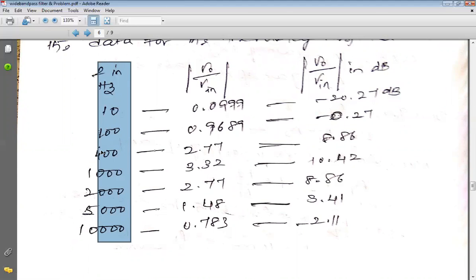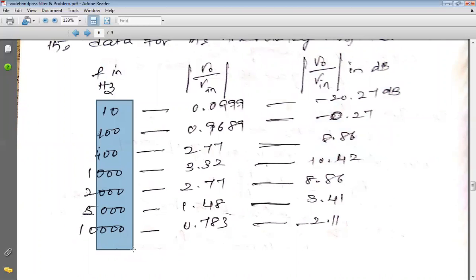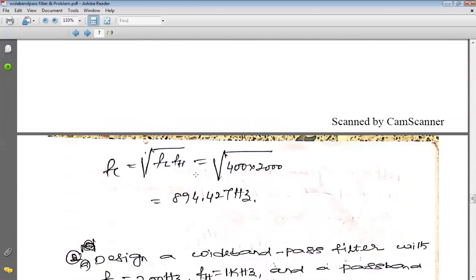We can draw it for the corresponding values in decibels across the y-axis and x-axis, and we are going to get the same frequency response as we saw in the previous sections. The same type of things we see with the cutoff frequency. Just see here, that is the higher cutoff frequency. The center frequency is fc equal to the square root of fl into fh.